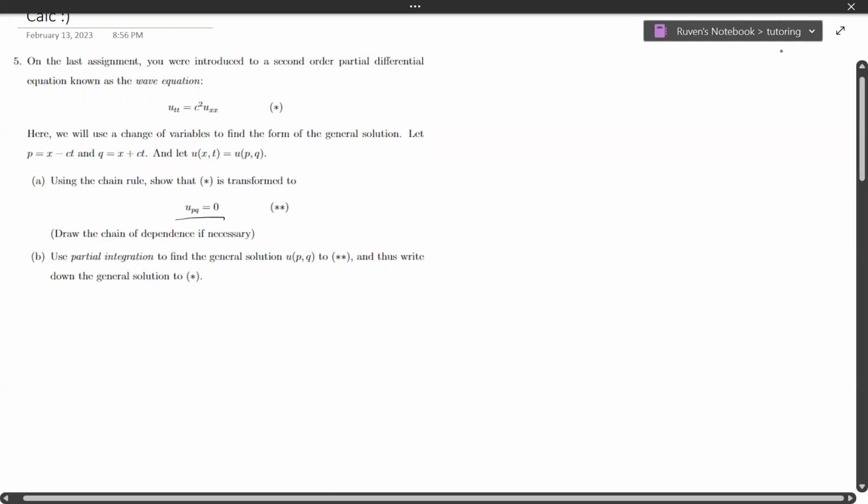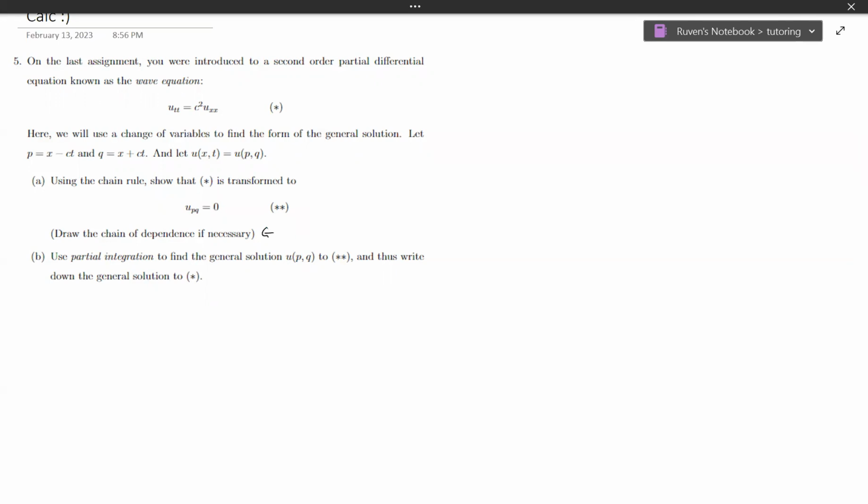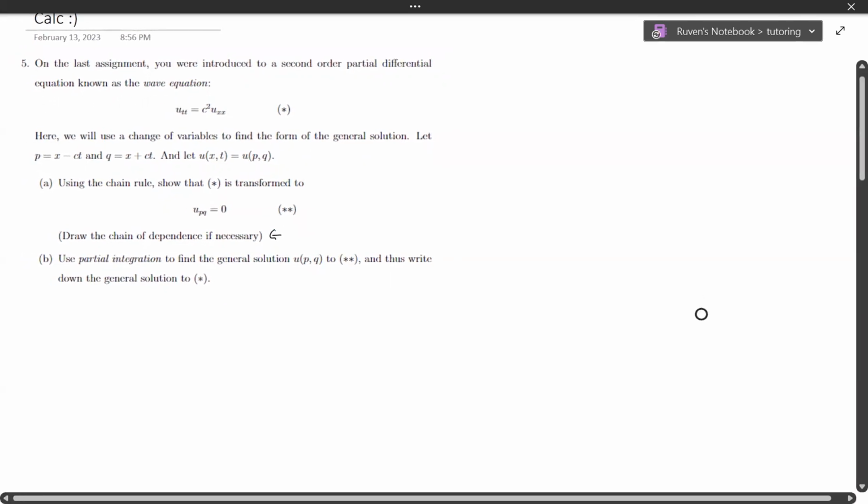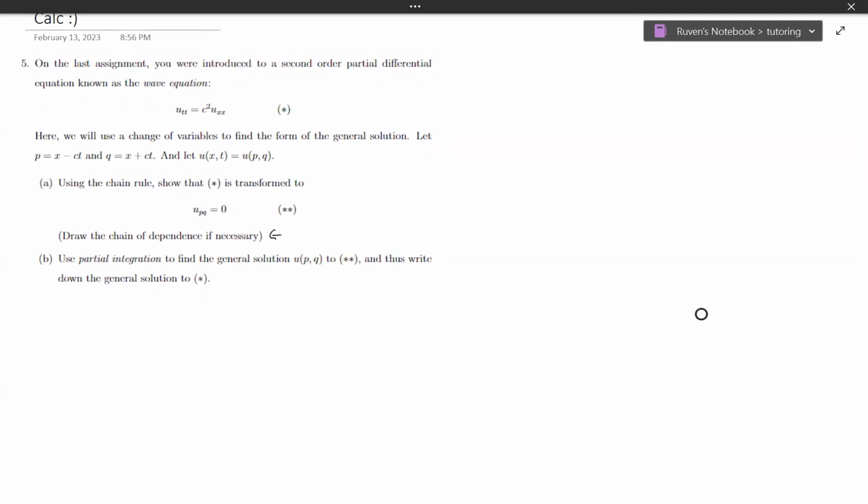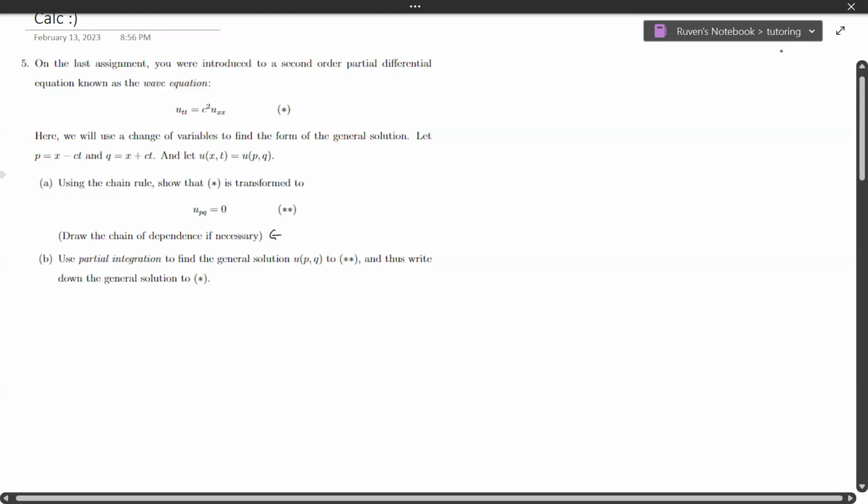So what I will do is two things. First, it says draw the chain dependence if necessary, and I will just do that so we can work. Over here, we have the variables u, p, and q.